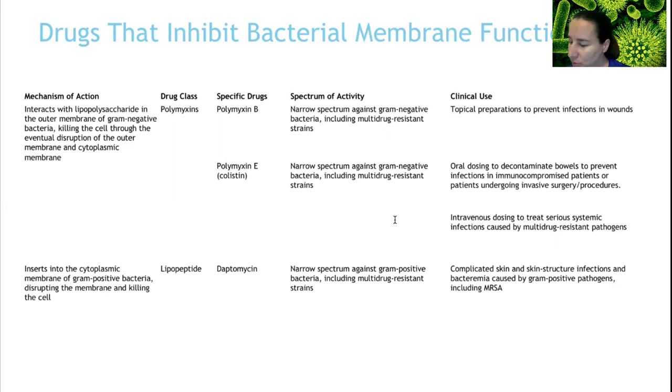Membranes. We've got polymyxin, and this one is usually found in the polymyxins. We mix these up and use them topically, prepared to prevent wound infections. It's a narrow spectrum, going after gram-negative bacteria, and it's going to kill the membrane.